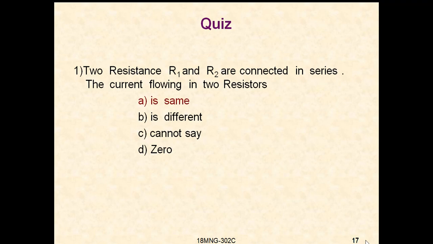Yes, the answer is the current flowing through the two resistors connected in series will be same. So the answer is A, option A.